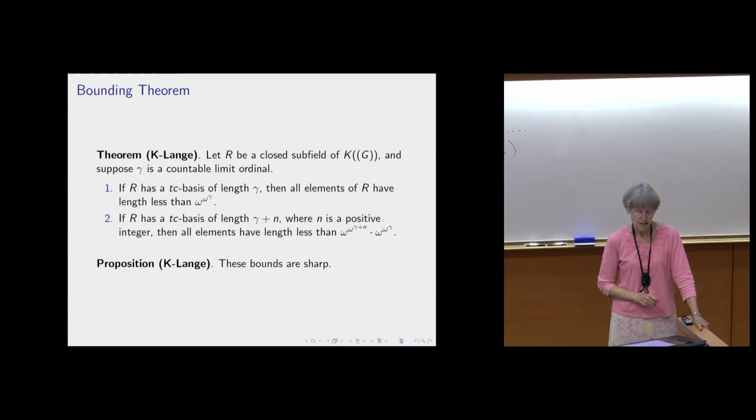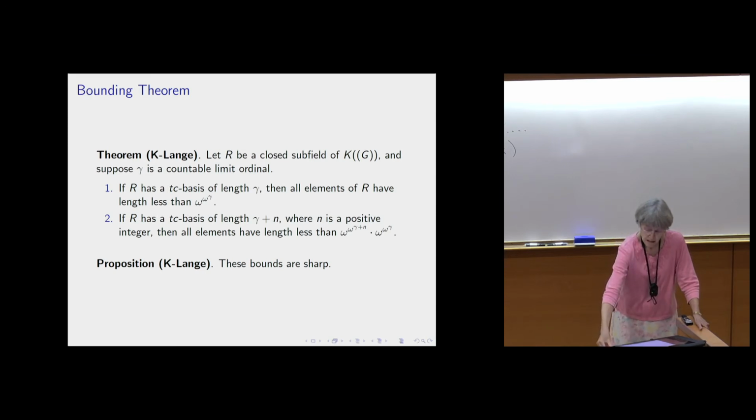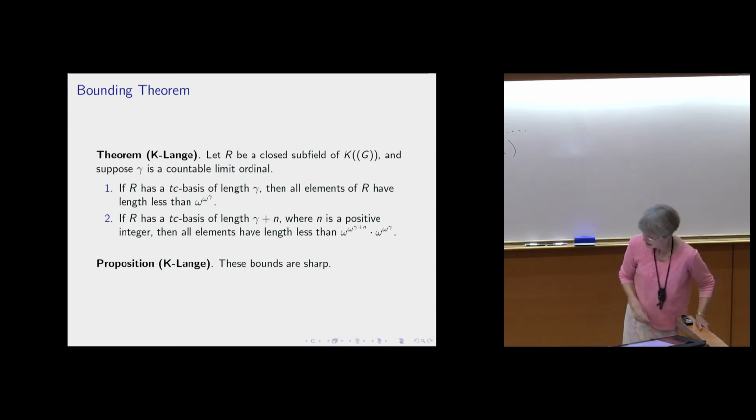So we first looked at that case, and part one gives bounds for that case. Let's see, you don't have the second factor. The second factor disappears in that case.